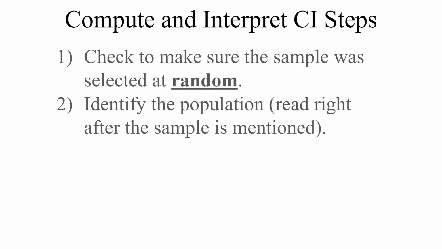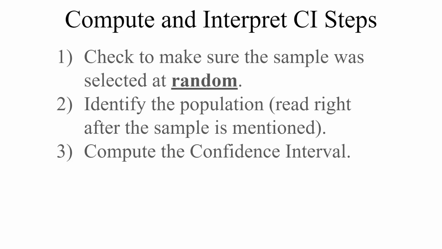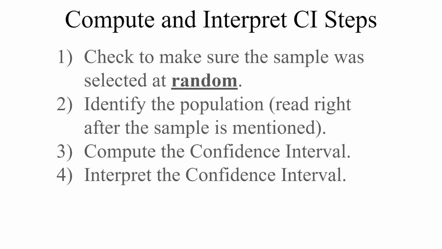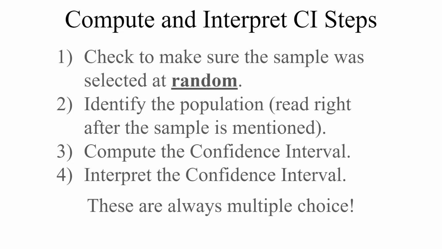We'll go over an example in a second. 3, we're going to calculate the confidence interval by doing our point estimate plus or minus the margin of error. And then we're going to interpret the confidence interval using the interpretation we just went over. These questions, you can't write like 3 sentences for an SAT question, so these are always going to be multiple choice, although some of the ones in the slides are not multiple choice.